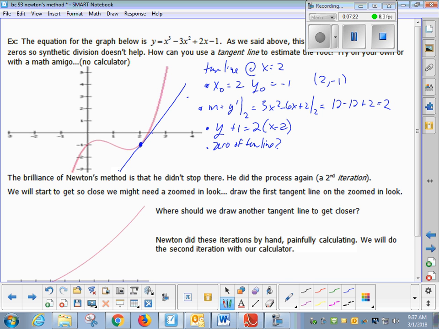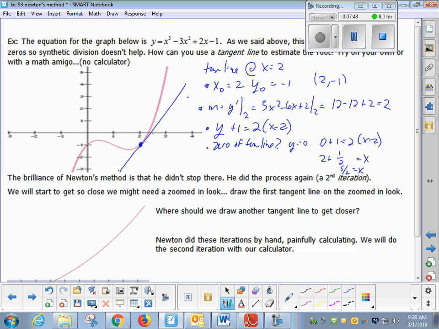You know it's crossing the x-axis, so you know y is 0. What you don't know is the x. So you're setting y equal to 0: 0 plus 1 equals 2 times the quantity x minus 2. What's the x that makes that true? Divide by 2, add 2, and so x is 5 halves, or 2 1/2.